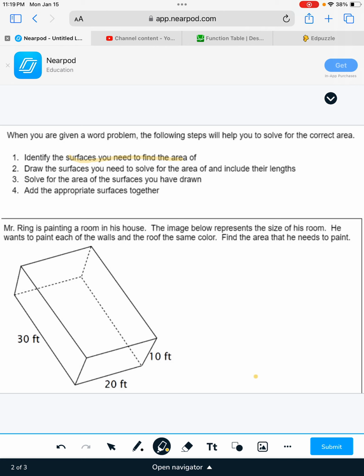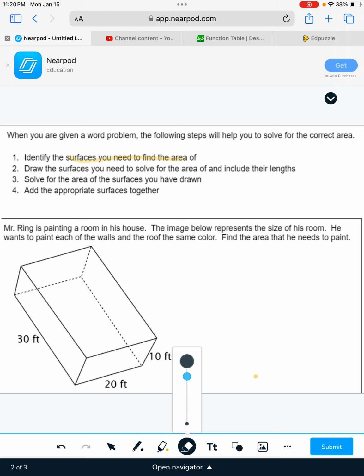Draw the surfaces you need to solve for the area of and include their lengths. This is where we break it down into its basic pieces, just like we always have been this year. Solve for the area of each of the surfaces that you've drawn, and then add the appropriate surfaces together. Let's try, and I'll show you how easy it can be.